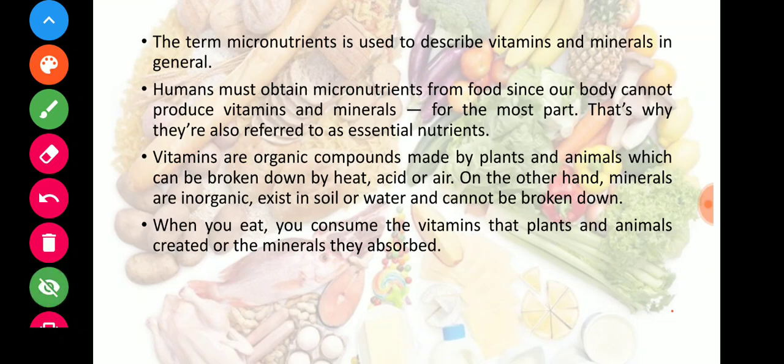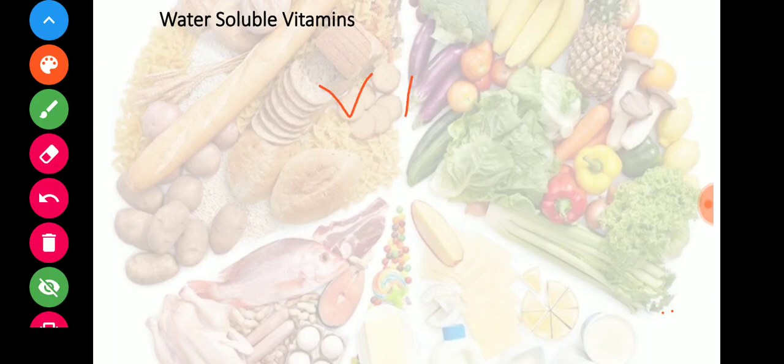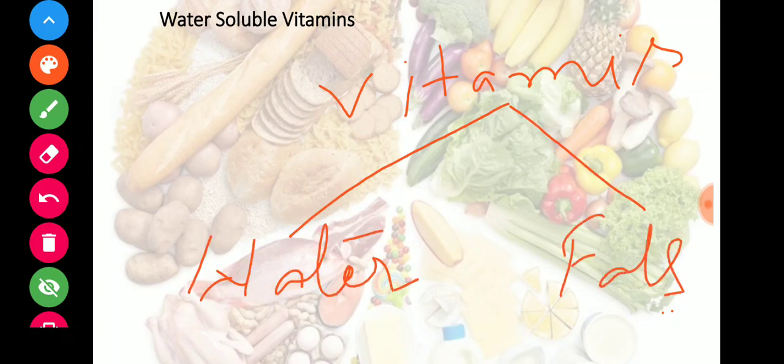When you eat, you consume the vitamins that plants and animals created or the minerals they absorbed. Now we will talk about vitamins, how they are bifurcated in two groups, water soluble and fat soluble.